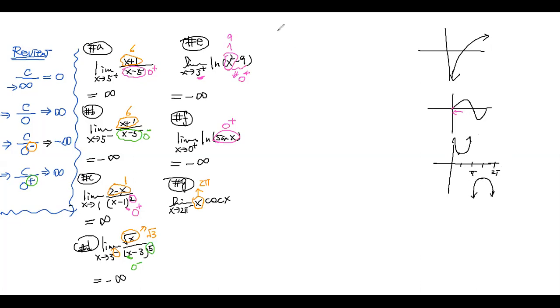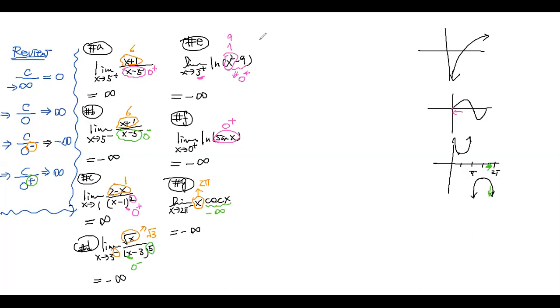Now they say x approaches 2 pi from the left-hand side. That means I'm approaching from here, from the left-hand side of 2 pi. That means the whole cosecant x is going to what? It's negative infinity, correct? So negative infinity times the constant will be negative infinity here.